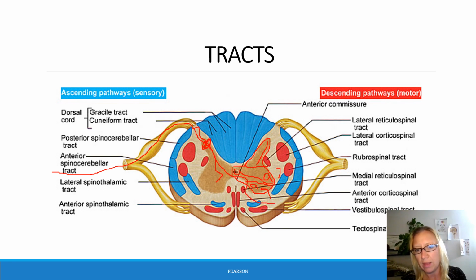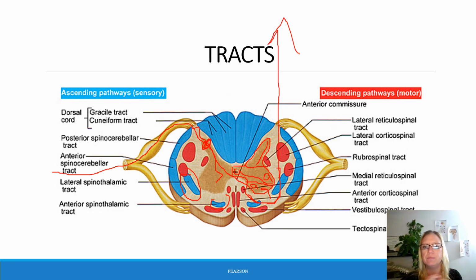And then it is going to come right through. Well, I should have done it on the other side here, because you can see here's spinothalamic tract and here's spinothalamic tract. But I'll just continue my line. So come right through here and go up. We can call that the ALS, or anterolateral system, or spinothalamic.